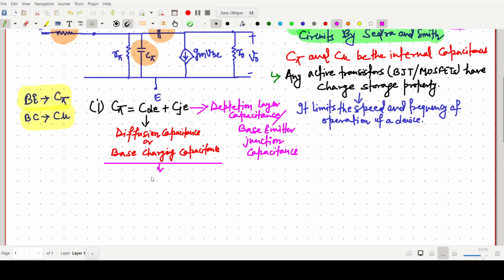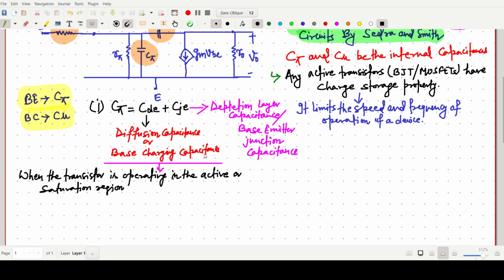This capacitance comes into picture when the transistor is operating in the active or saturation region, in which the base emitter junction is forward bias and the base collector junction is reverse bias, or both are forward bias. That is for the active and saturation region case.